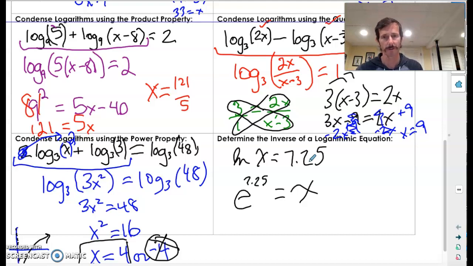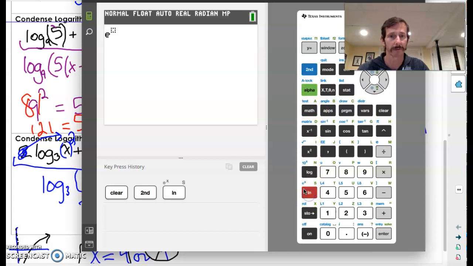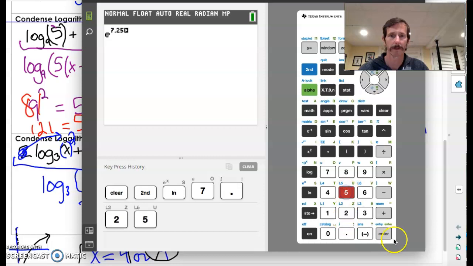And if I wanted to, I could use my calculator to get an approximation for this, which would be e to the 7.25. Now remember, e is right here on my calculator. You should have an e to the x button. So I hit second, e to the x. It's the inverse of natural log. That's why it's in there. And I'm putting that to the 7.25, and I hit enter.